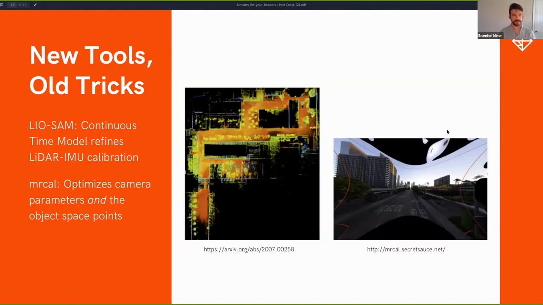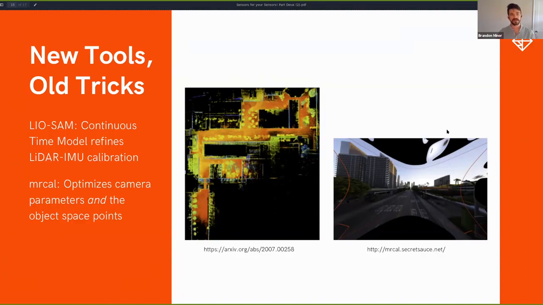So LIO-SAM is an open source Lidar IMU structure from motion library. What it actually does is continuously refine the Lidar and IMU calibration as it goes.